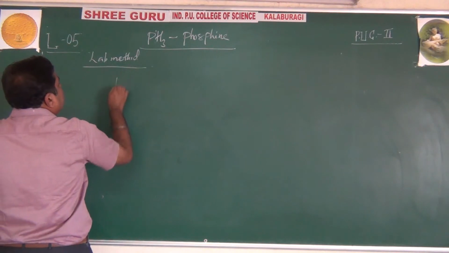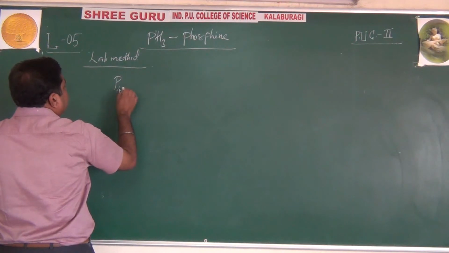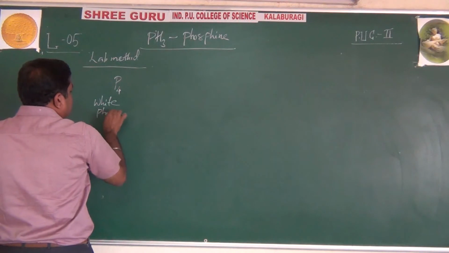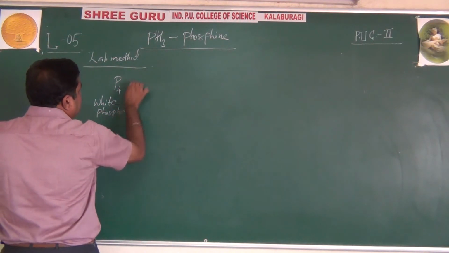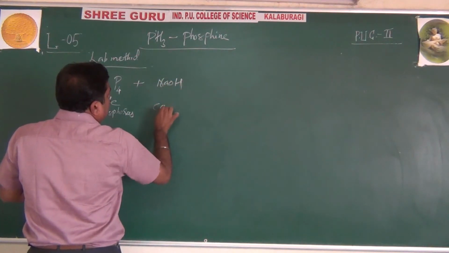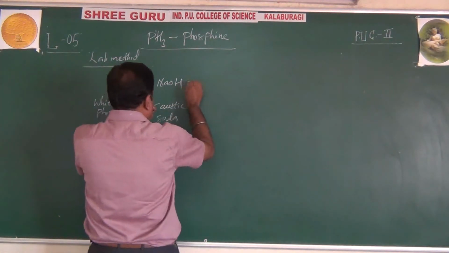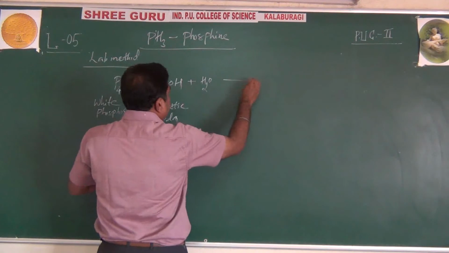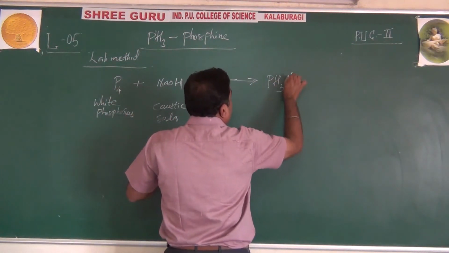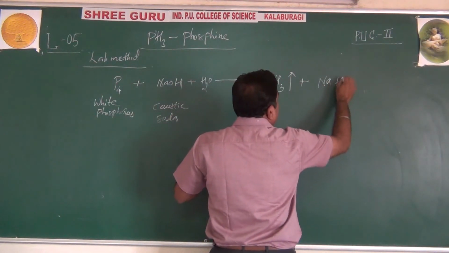Simple, by taking white phosphorus, P4, that is heated with caustic soda, sodium hydroxide, concentrated caustic soda in the presence of water. What will you get? The target product phosphine PH3, a poisonous gas, plus sodium hypophosphite, NaH2PO2.